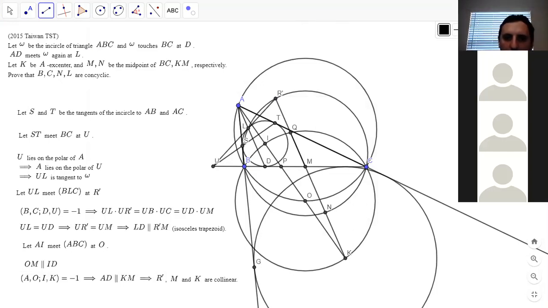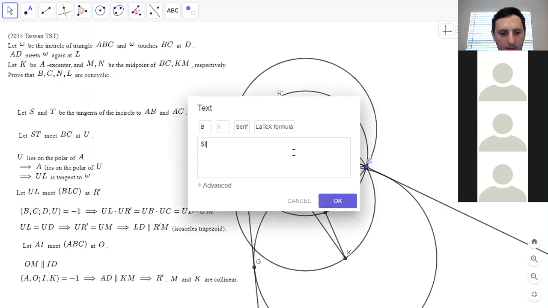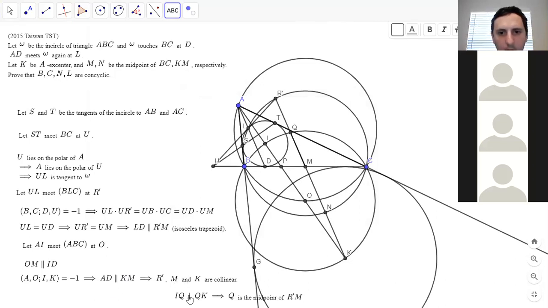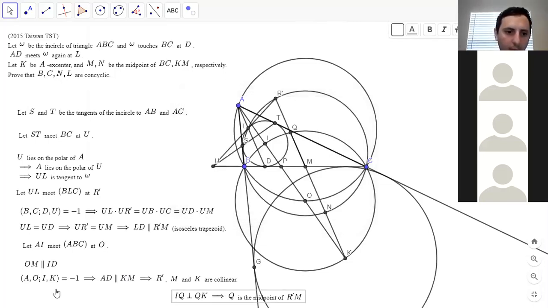Because basically Q is the midpoint of R prime M. Since IQ is perpendicular to QK, that means Q is the midpoint of R prime M. So that's true by symmetry.